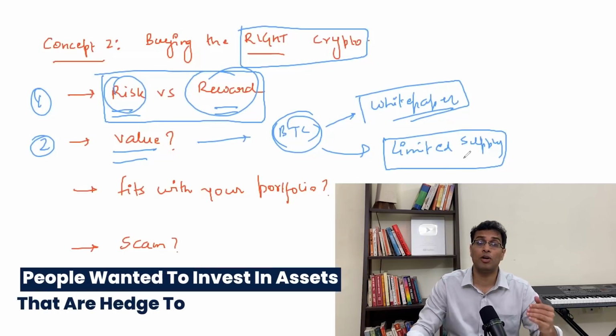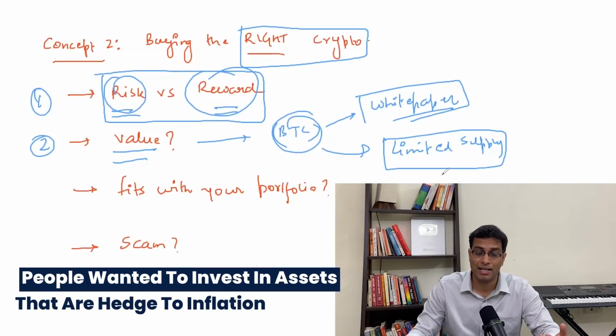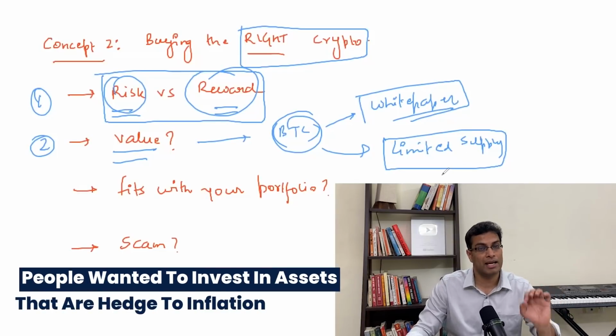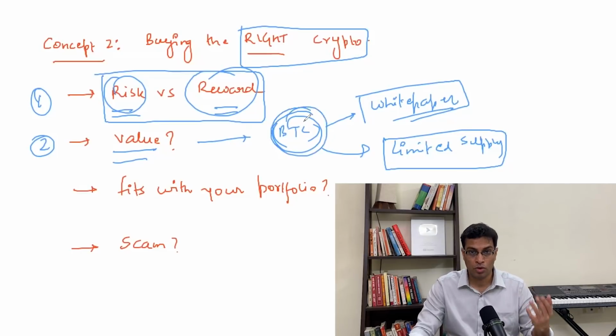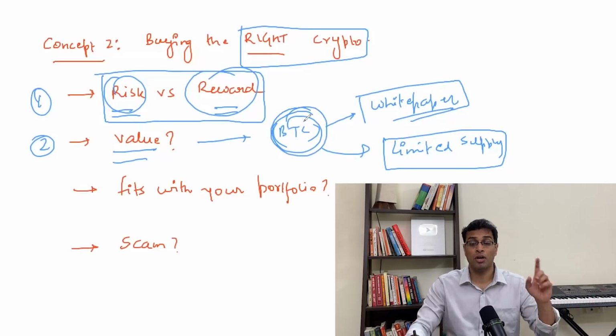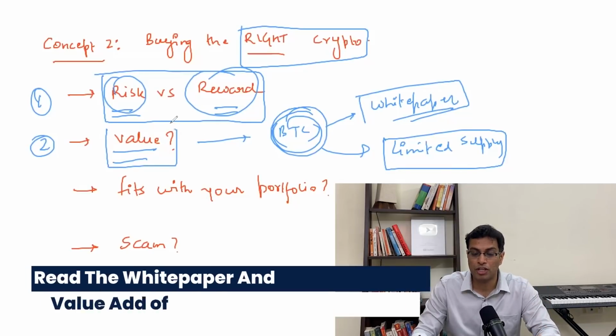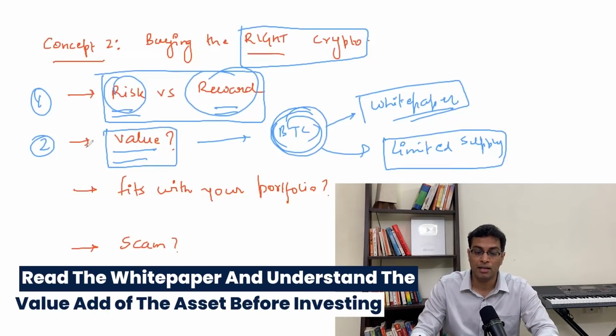Why? Because people were looking to put their money in assets which will not be eaten away by inflation. So that is the value add of Bitcoin. In case you want to learn more about Bitcoin, please watch my previous video here. It will help you understand more. Similarly, irrespective of which cryptocurrency you are putting your money in, please understand the value of that cryptocurrency.